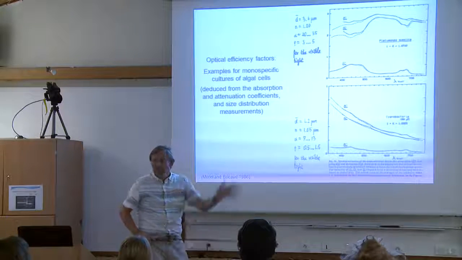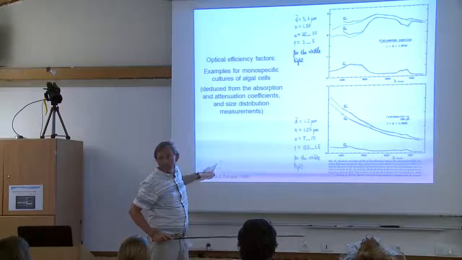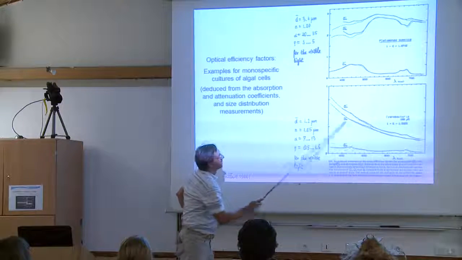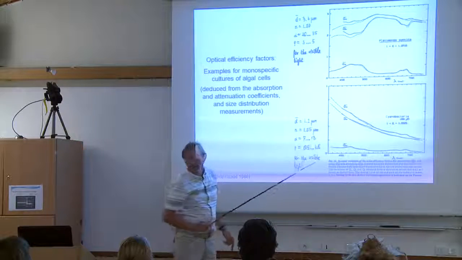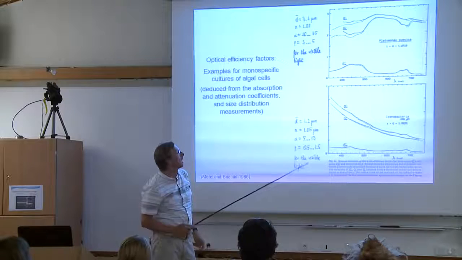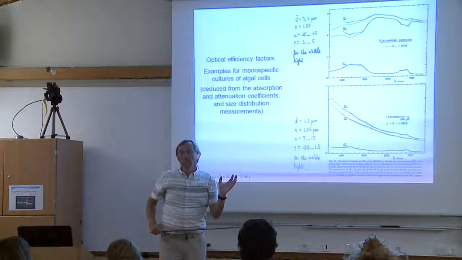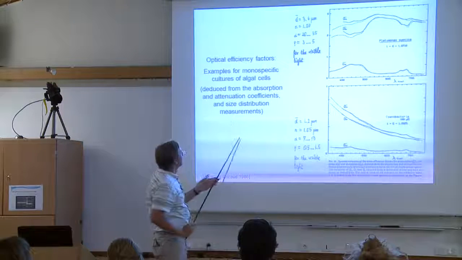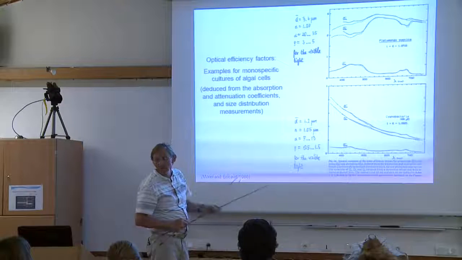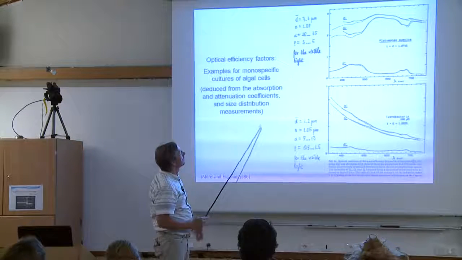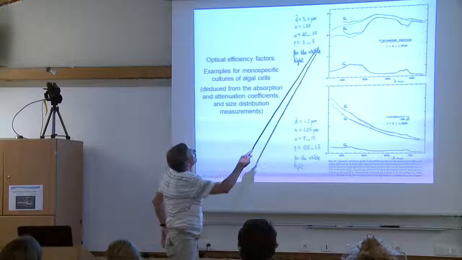For these small values of rho, we are on this ascending slope. So you can see the spectral shape is such that the shorter the wavelength, the higher the attenuation or the higher the scattering. These values, 3 to 5, are actually reaching this first maximum of Q sub B or Q sub C versus rho, and these numbers are now high because at the first maximum they are pretty high, over 2.